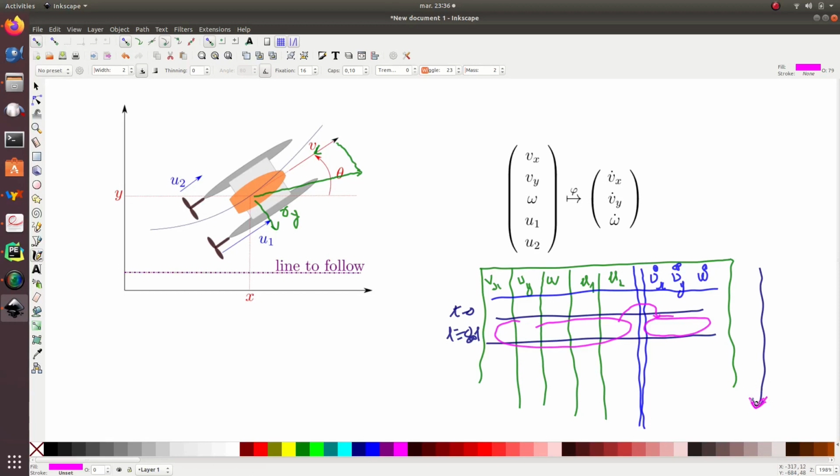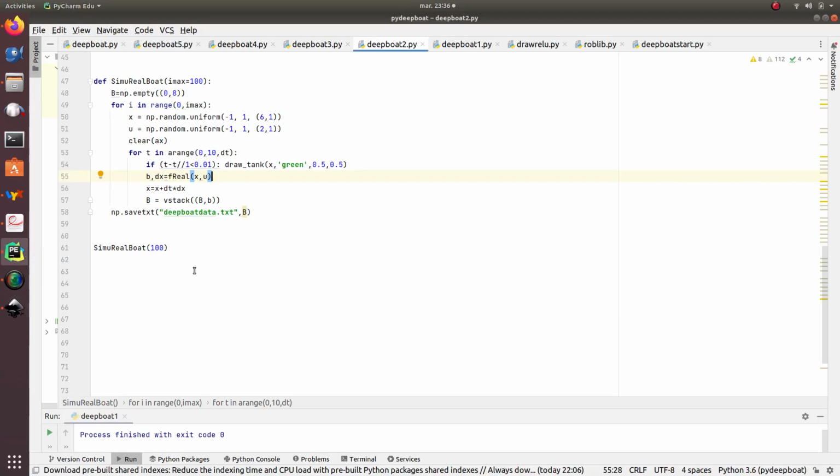It's not asked in the exercise since the file is given, but I will just explain how I obtained it. I have a loop. I take some random initial conditions and make a simulation up to t equal to 10. I draw the robot here sometimes, every second.